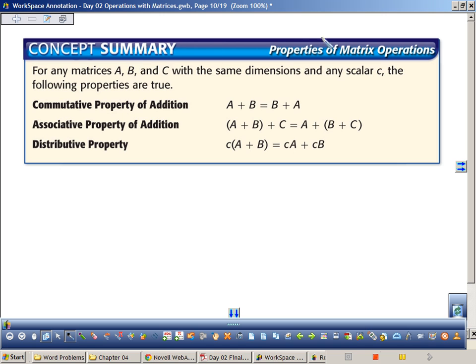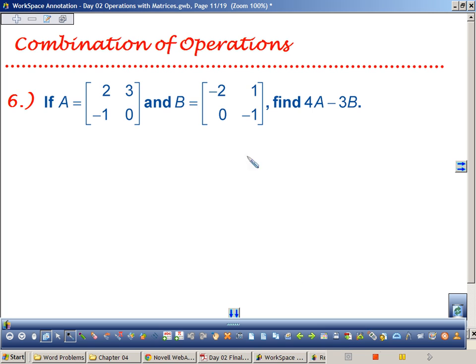Okay, so concept summary, properties of matrix operations. Basically, this thing says that matrices are commutative, associative, and distributive. Got it? Okay. Combination of operations. So if A equals this and B equals this, find 4A minus 3B.